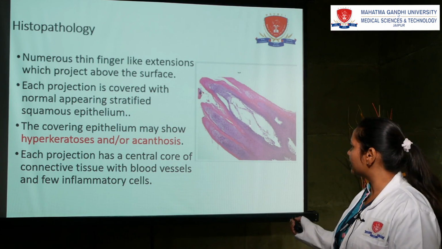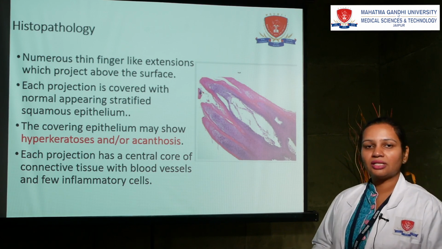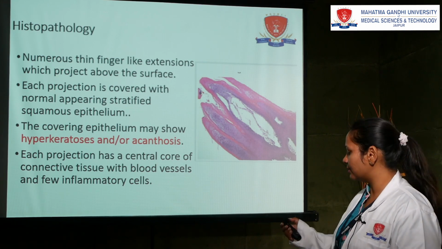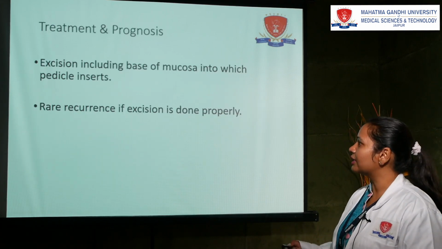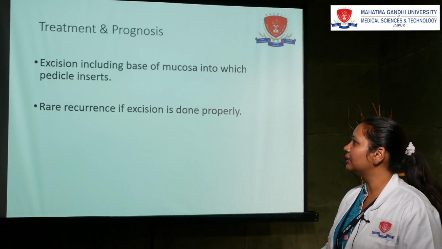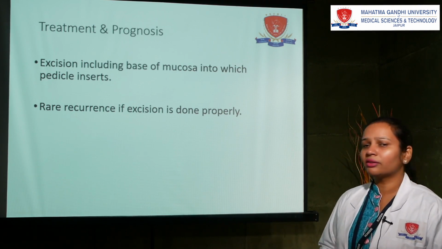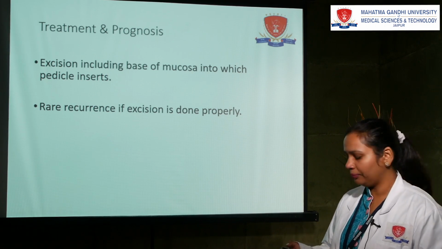Each projection has a central core of connective tissue with blood vessels and few inflammatory cells. For treatment and prognosis, excision including the base of the mucosa into which the pedicle inserts is done, and recurrence is rare if the excision is done properly.